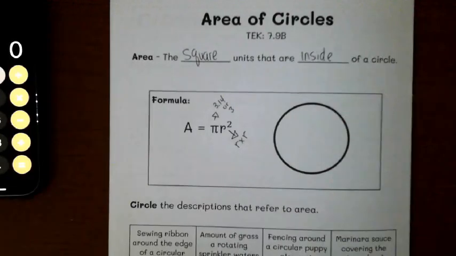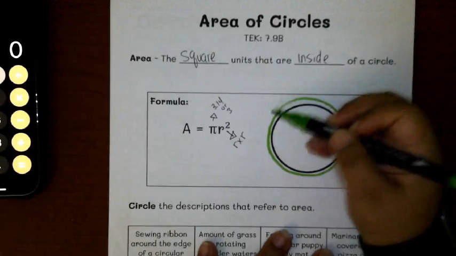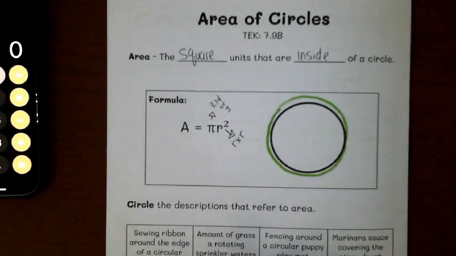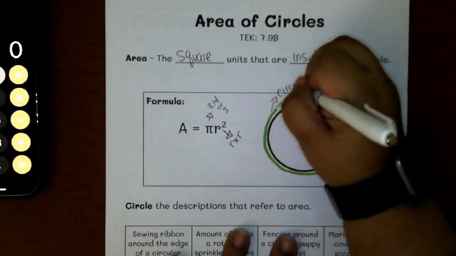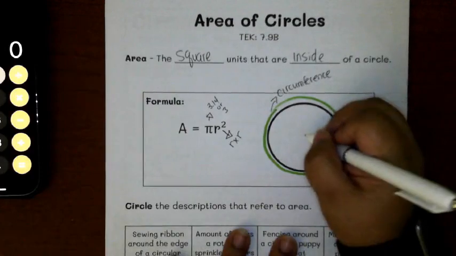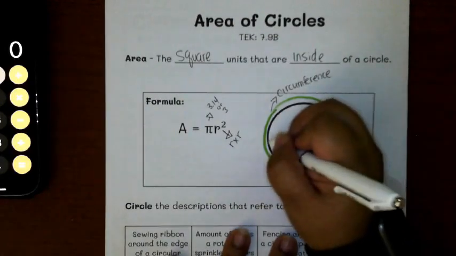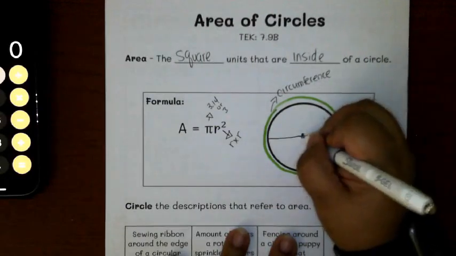This outside part is going to be your circumference, okay? So this green is circumference. If you have a line going across like this, edge to edge, crossing the center, that is going to be your diameter.